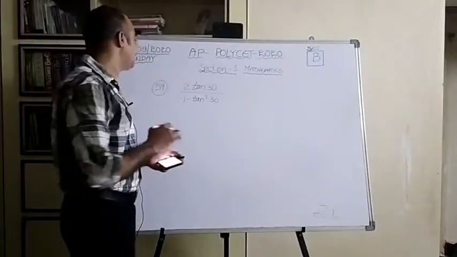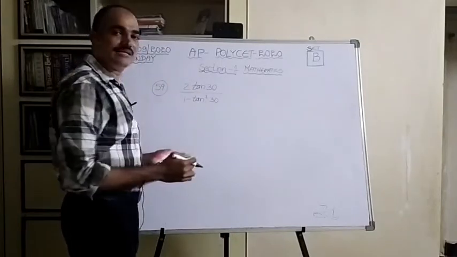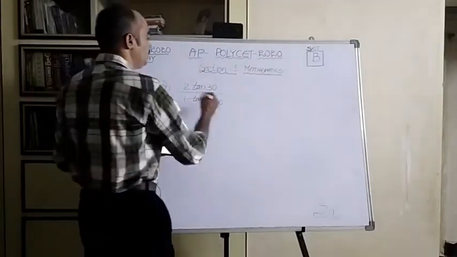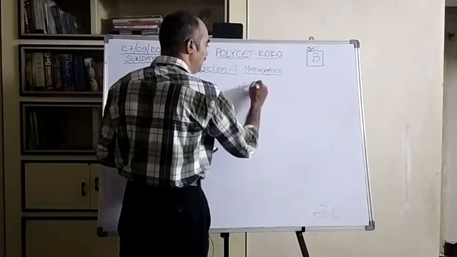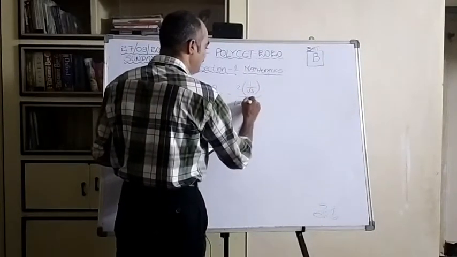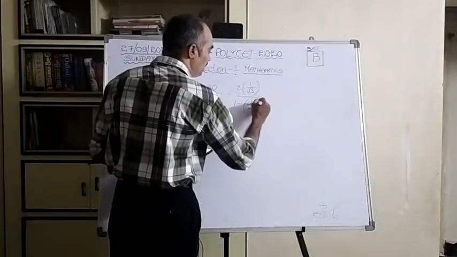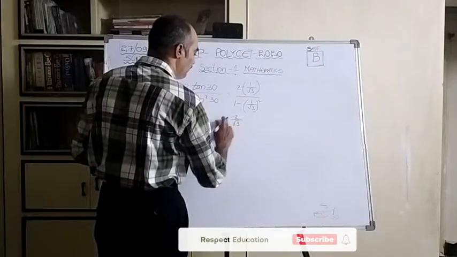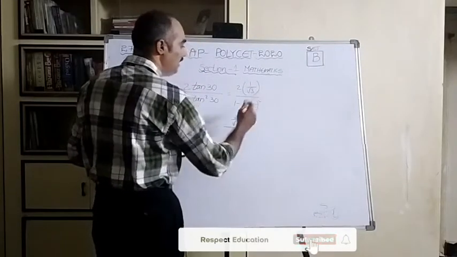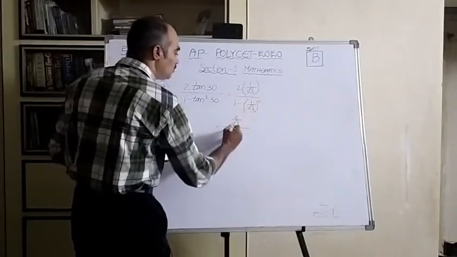Now let us see the next question, that is question number 59. 2 tan 30 by 1 minus tan square 30. So here 2 into tan 30, which is 1 by root 3, by 1 minus tan square 30, means 1 minus 1 by root 3 whole square. So it is 2 into 1 by root 3, which is 2 by root 3, by, this is 1 by 3. 3 minus 1 is 2, so it is 2 by 3.